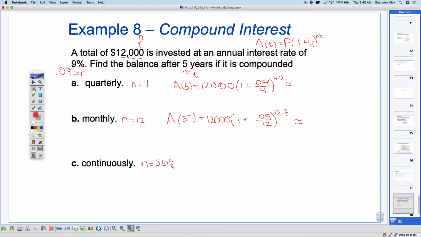So in the first one, it would be A of t, so A of 5, right? You guys need to write this down because this is going to go away when I bring my calculator up. So you have to have it written down because I won't.